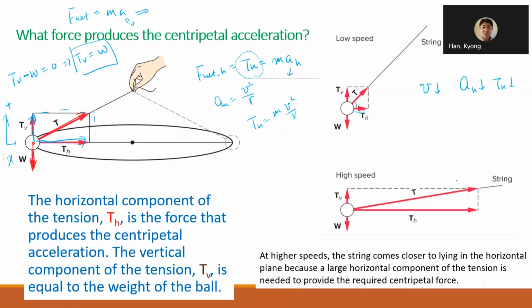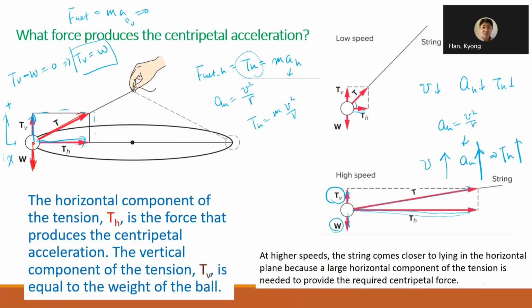If v is increased, a_H is really big, because the horizontal acceleration, that is centripetal acceleration, v squared over r, is really big. Then T_H also increases a lot. Even with the same vertical component, exactly equal to the weight, the horizontal component is really big.